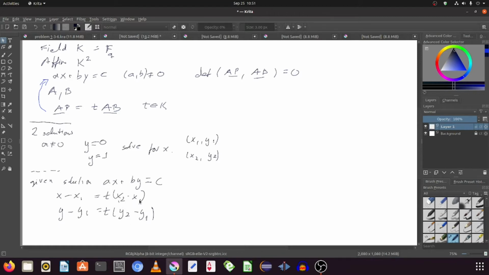Let's assume this is non-vanishing. Then we can solve this equation for t. Not that one, the one we know we can solve. And then we have to prove that the other one is fulfilled as well.